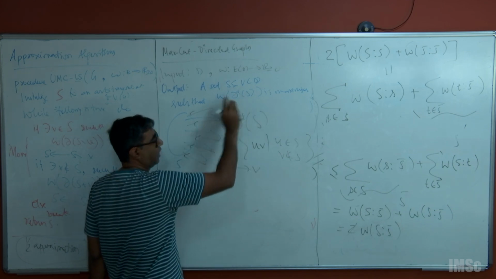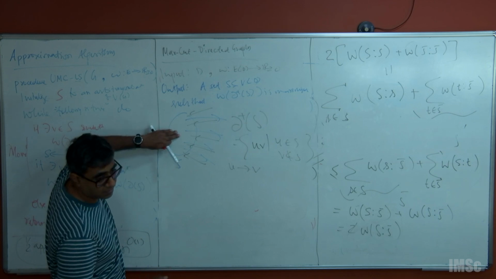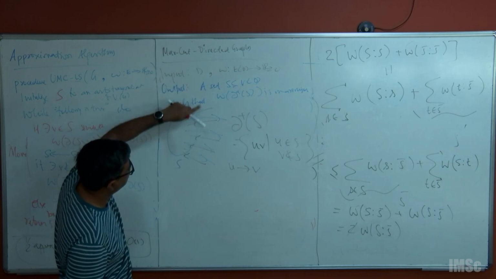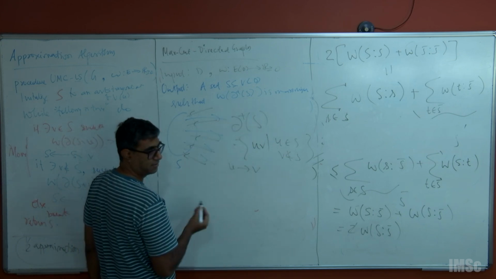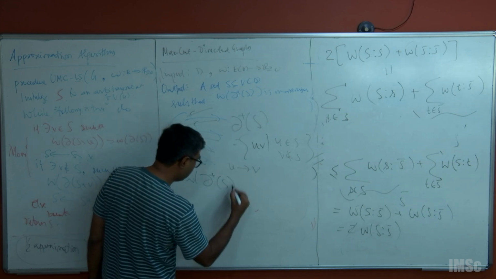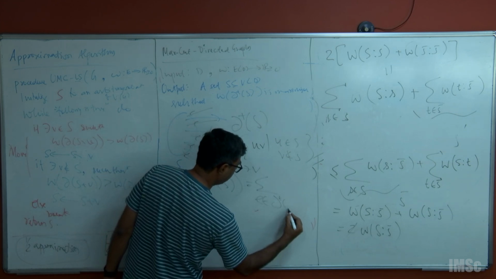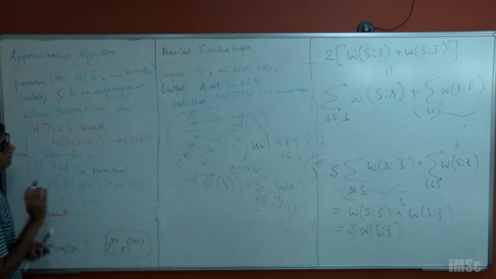This is why it is the out arcs. I want to find a set S such that you are maximizing the weight of the blue arcs. Once the set is defined, the weight of delta plus S is nothing but the summation over E in delta plus S of weight of E. That is the question we are interested in, max cut in directed graphs.